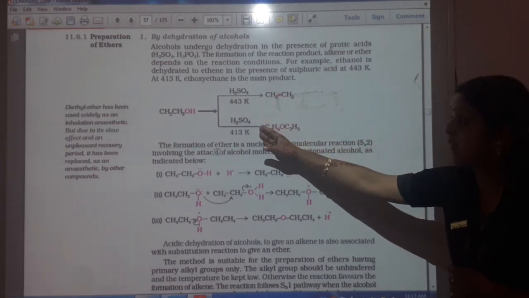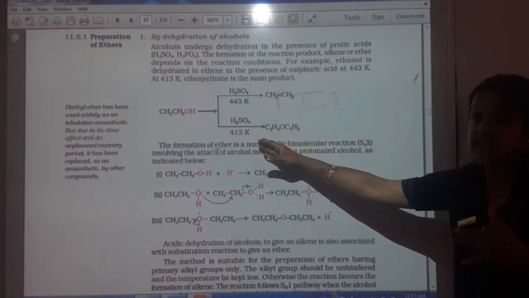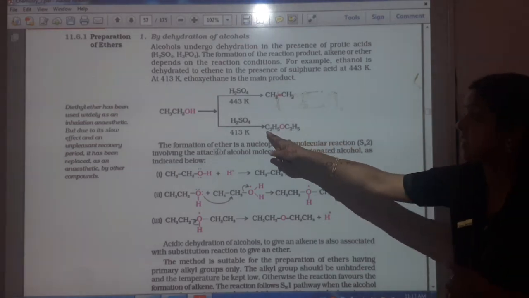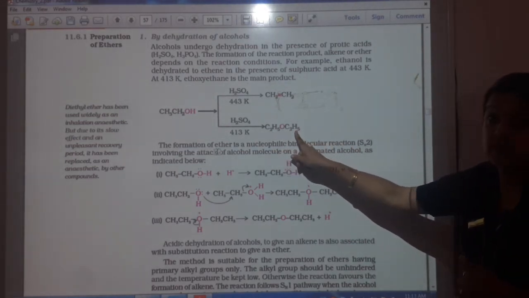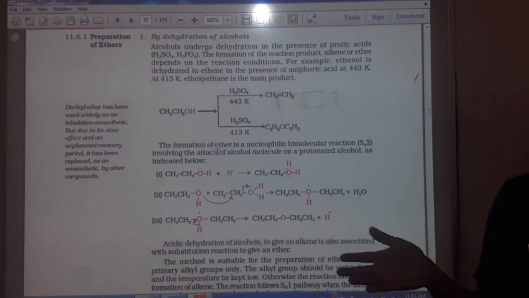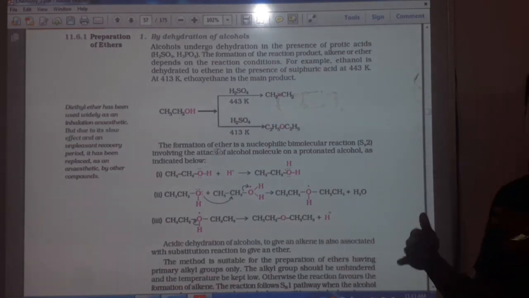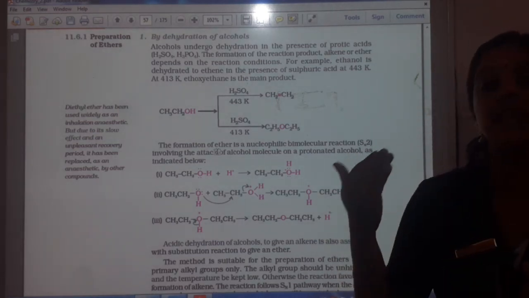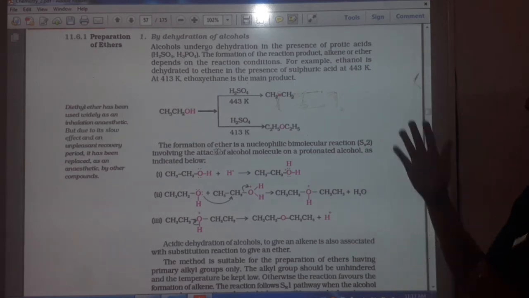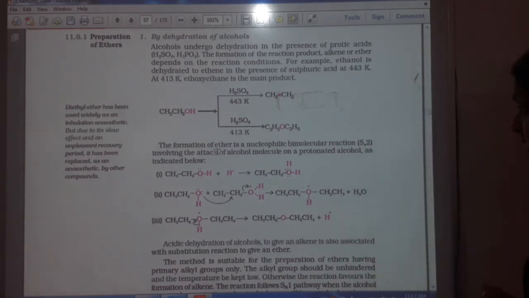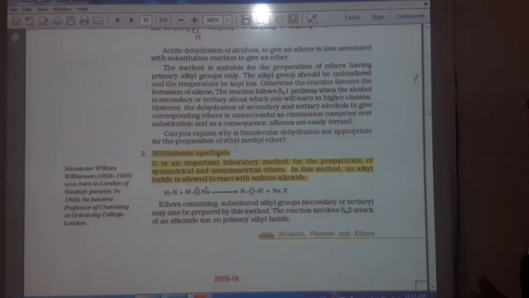But with sulfuric acid at 413 K, that is a temperature a little bit lower, I get my ether, C2H5OC2H5. Understand, it is the same reaction giving different products when the temperature is different. When the alcohol is reacted with acid at high temperature, you get an alkene. At low temperature, you get an ether. The mechanism is not required for us.